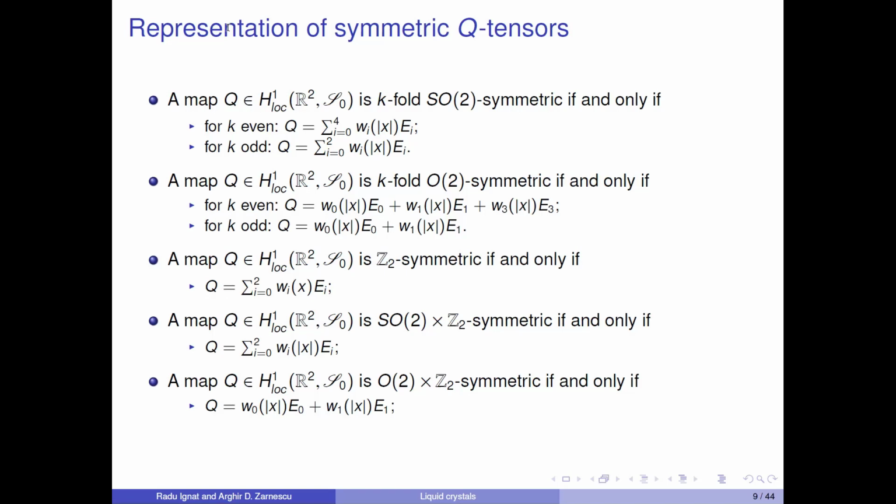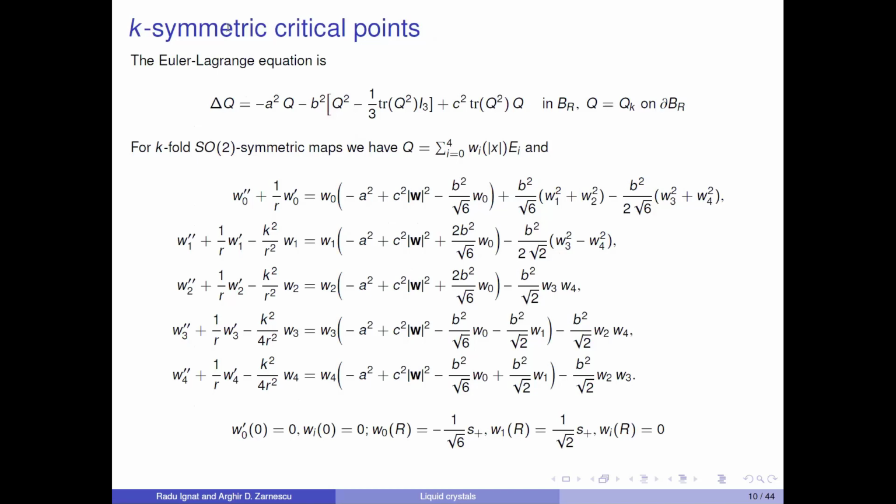Z2 symmetry again produces a reduction in the number of components, and then you can combine SO2 with Z2 or O2 with Z2. And again you have some way of expressing this in terms of these WI variables. The good thing about this is that it turns this system of PDEs into a system of ODEs.